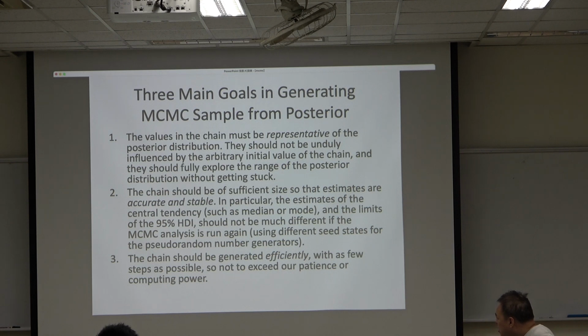So the chain should be generated efficiently with as few steps as possible, so as not to exceed our patience or computing power. But nowadays, because the computer has become so powerful, this is normally not going to be an issue.